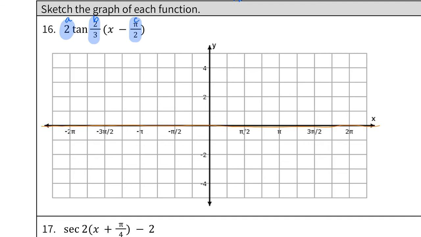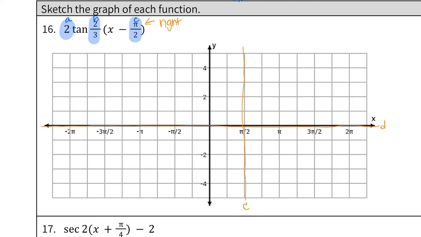That's going to be our middle. C is pi over 2, but since it's minus, that means that we're going to go to the right. So pi over 2 to the right. Here's our pi over 2. That's going to be kind of our starting area because of C.